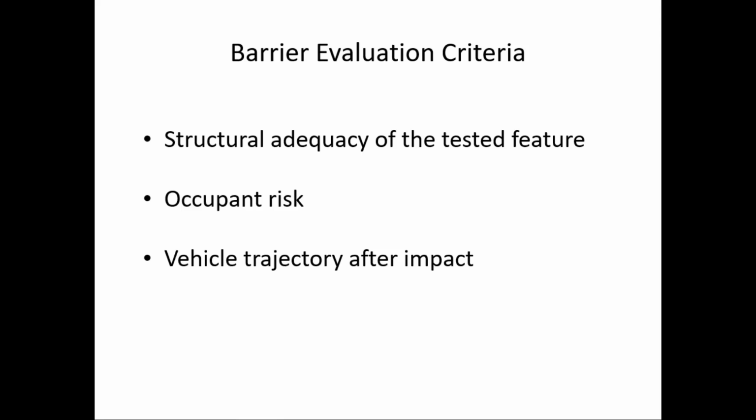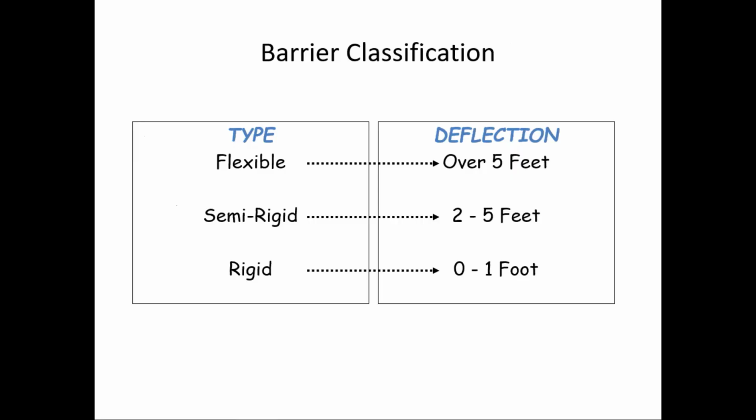In terms of evaluating barriers, we look at the structural adequacy, the occupant risk to the people in the passenger compartment, and then the vehicle trajectory after impact. And you saw some of those things in those two crash videos we looked at. I mentioned that there are three different barrier classifications.